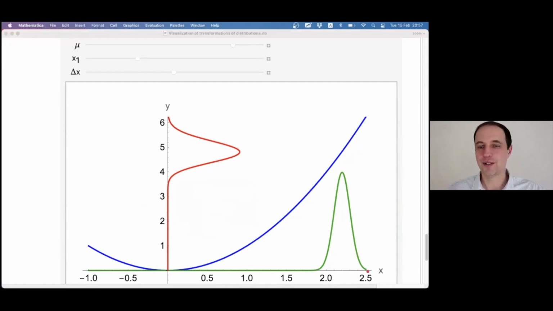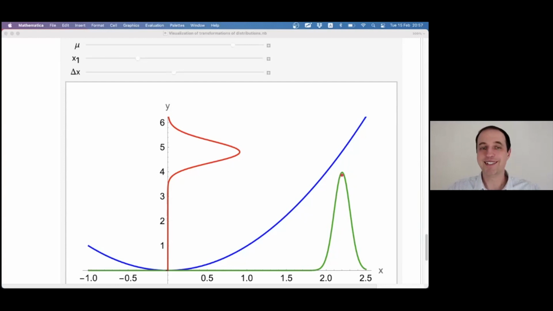First of all, we will have some possible values of x. We will use the horizontal axis for that. We will have some possible values of y. We will use the vertical axis for that. Then we have some distribution of x that we start with. That's indicated here by the green curve. And the green curve indicates the probability density function of x.